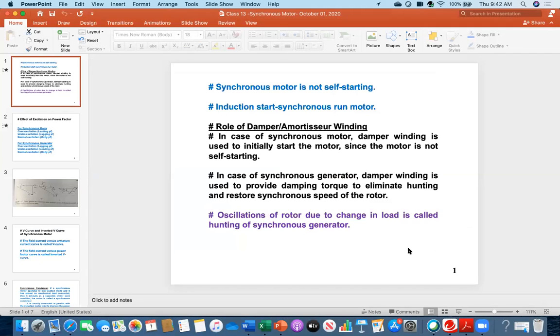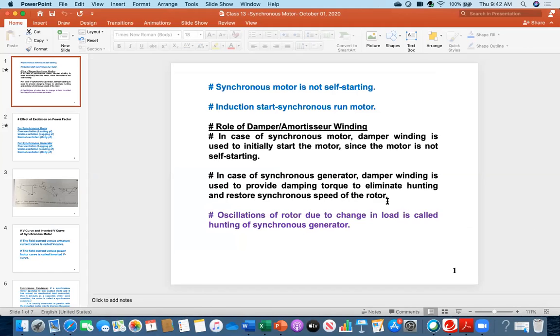Okay, great. Until last class, we were looking at the working principle of the synchronous motor. At last, we discussed the role of damper winding in the synchronous motor and the synchronous generator.